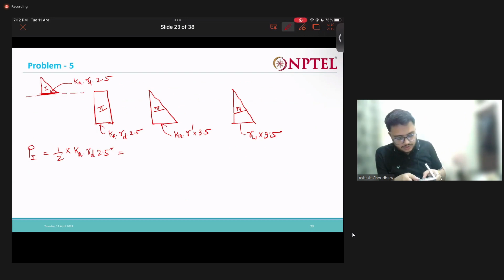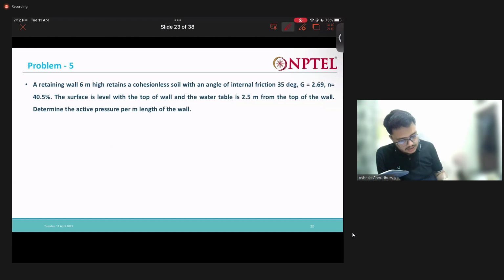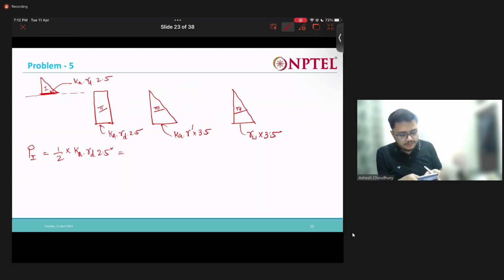So half into 0.271 into gamma d, which is 15.7, into 2.5 square, which is 13.3 kilonewton per meter.